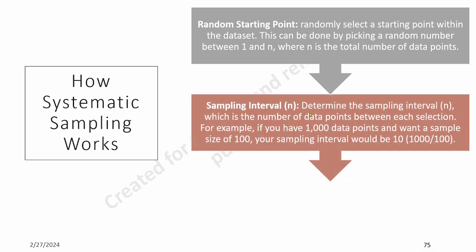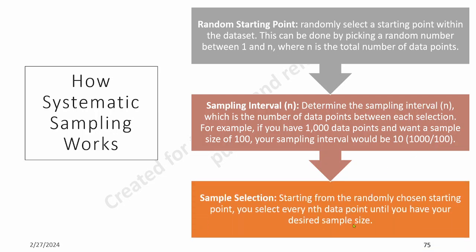From there, you decide the sampling interval based on a configurable parameter, which is the number of data points between each selection. For example, if you have 1000 data points and you want 100 samples out of it, your interval would be 10, 1000 divided by 100. After that, you select every 10th element from the data set.